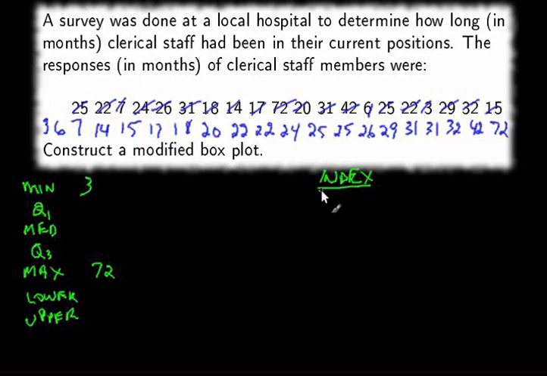We're going to calculate the index of Q1, which is 1 plus 0.25 times the number of observations minus 1. So back up for just a minute. We need to know how many data values we have here, the sample size.